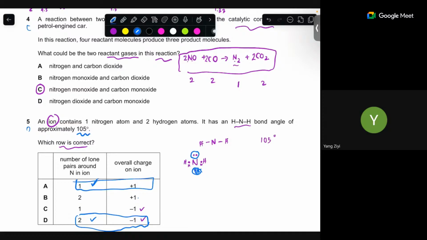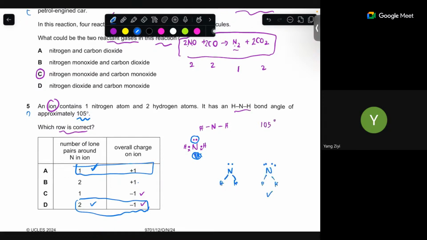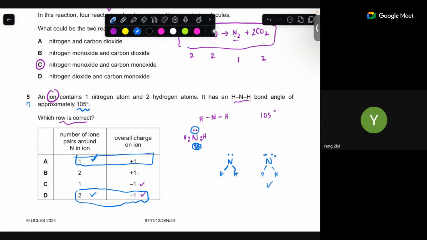If you have nitrogen with 2 lone pairs and 2 bonds like this, this shape is going to be non-linear, similar to a water molecule, which is 104.5.